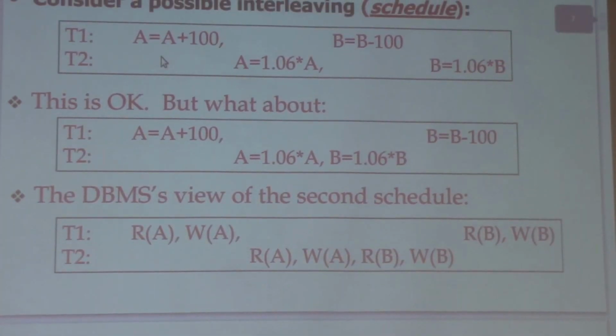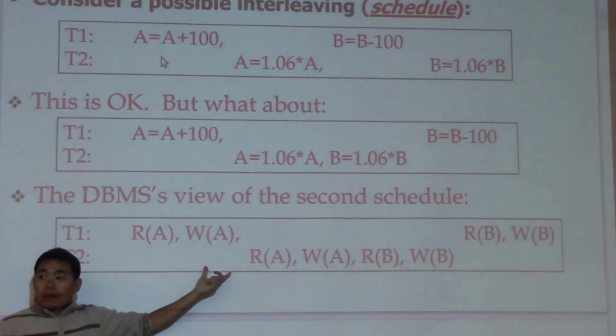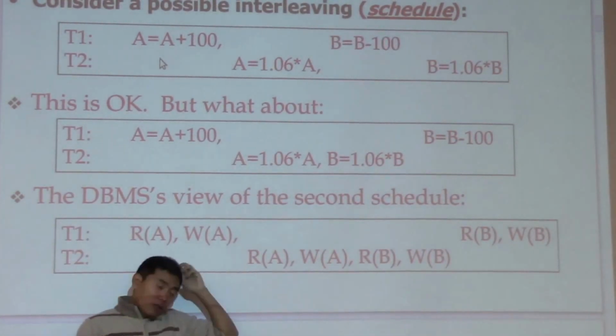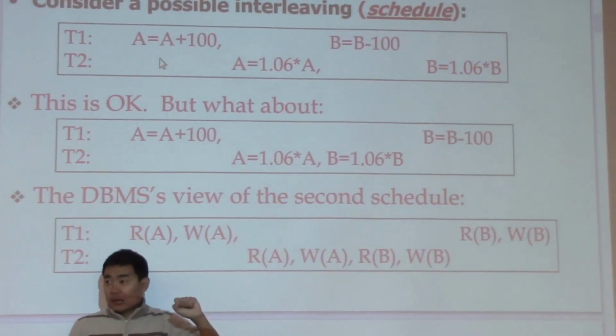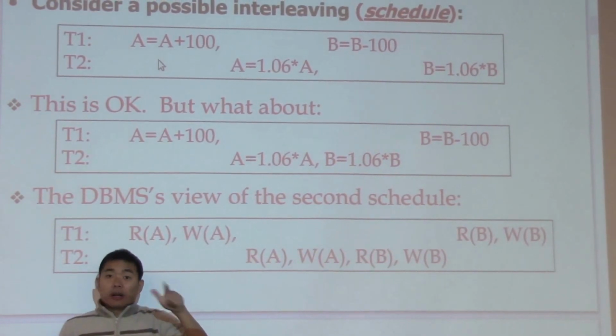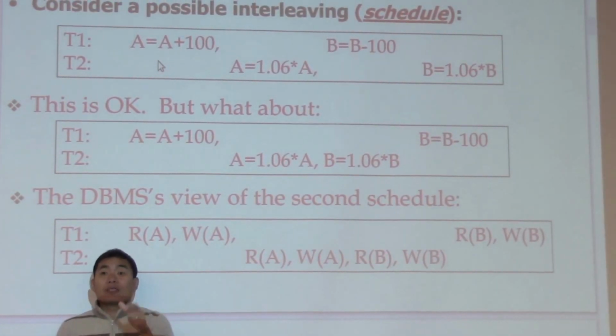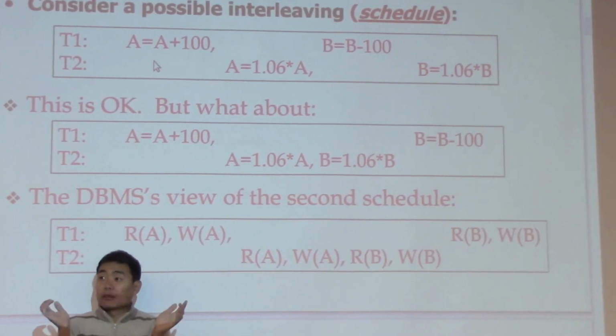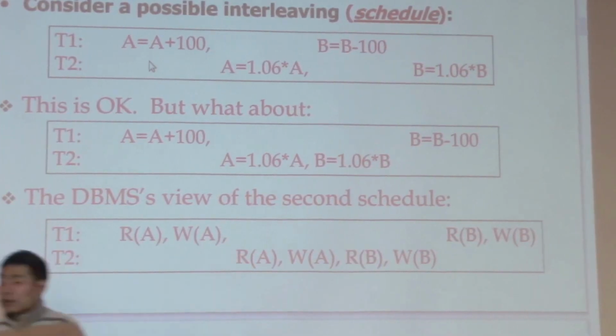And the job for a database management system is to figure out whether a given schedule is valid or not. And if it's an invalid schedule, figure out a valid schedule to try to interleave actions from different transactions. That's all. That's the database's job.